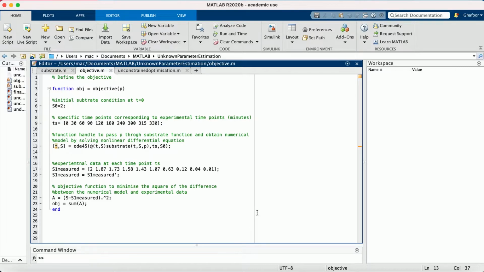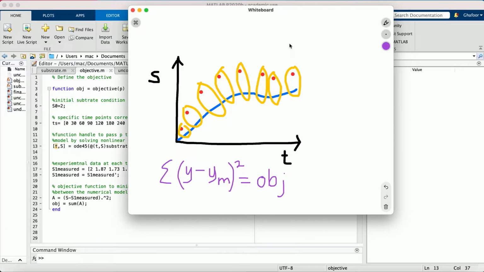Let's look at the whiteboard for a further in-depth analysis. The blue line is our expected numerical model, and the red dots are experimental data.